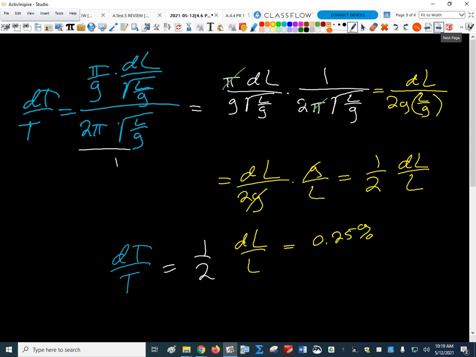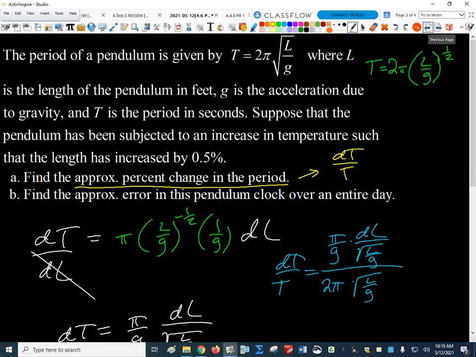But if I know that dT over T equals 0.025%, and I can calculate the period, that is the error in the clock. Okay, so I would have to then do what?